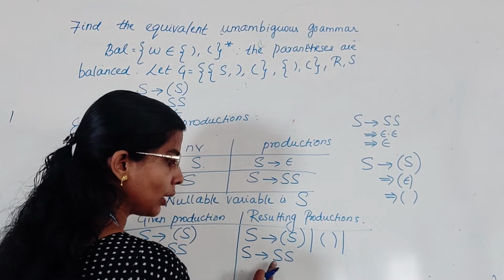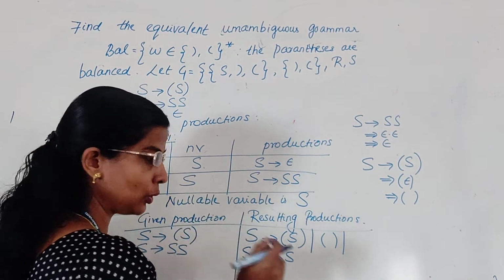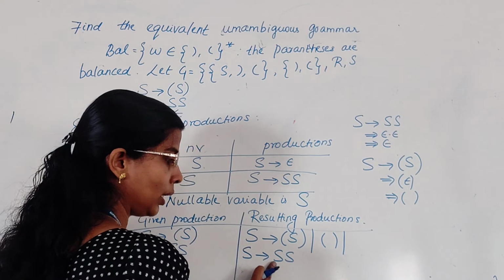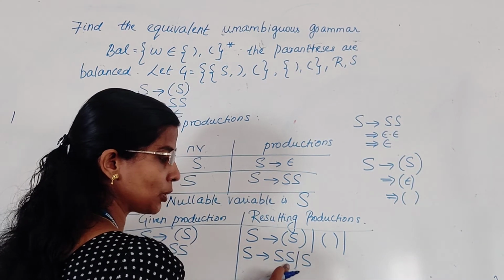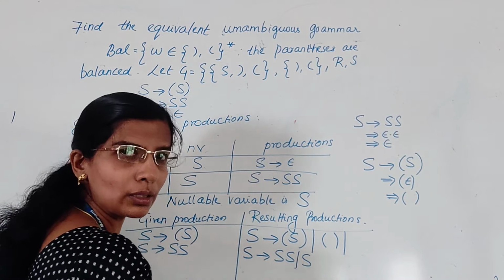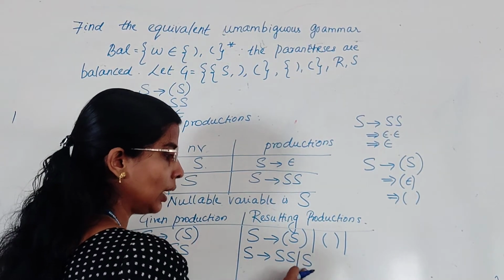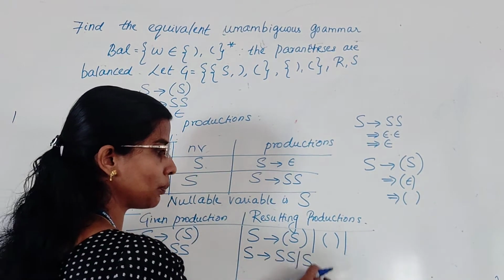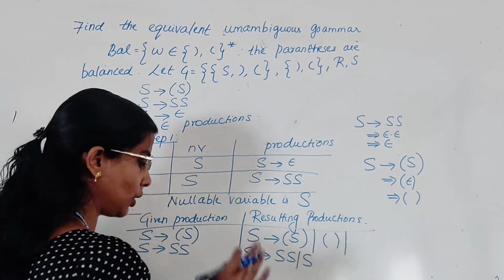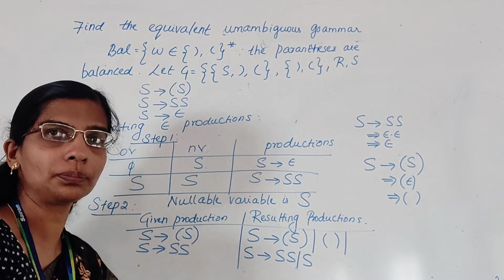Here you have two S, so one by one you have to substitute. First substitute null for this S, you will get S. Again, if you substitute null for the other S, you will get S only, so no need to write twice; write only once. Next, when you substitute null for both, you will get epsilon. Don't write that epsilon because we are eliminating our epsilon production.